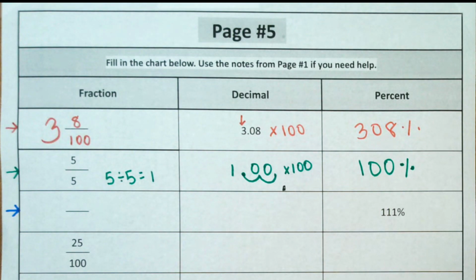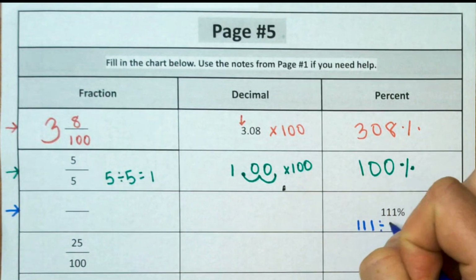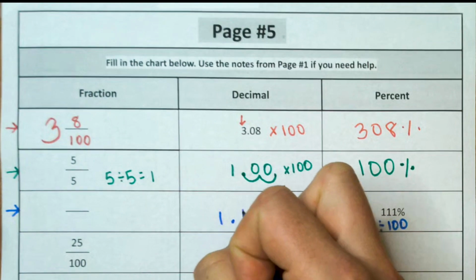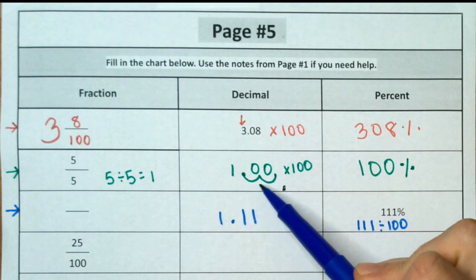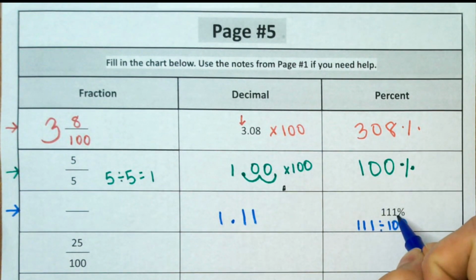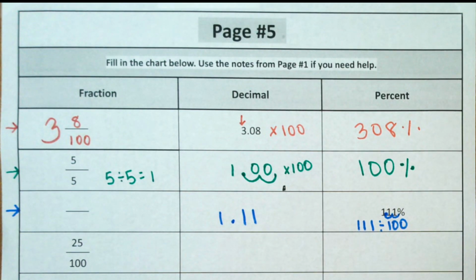All right. So now we have our percent filled in. So if I write 111% as a decimal, I need to divide by 100, and I get 1 and 11 hundredths. Just like we move the decimal forward when we're going from a decimal to a percent, you can also move the decimal backwards 2 spots to go from a percent to a decimal.